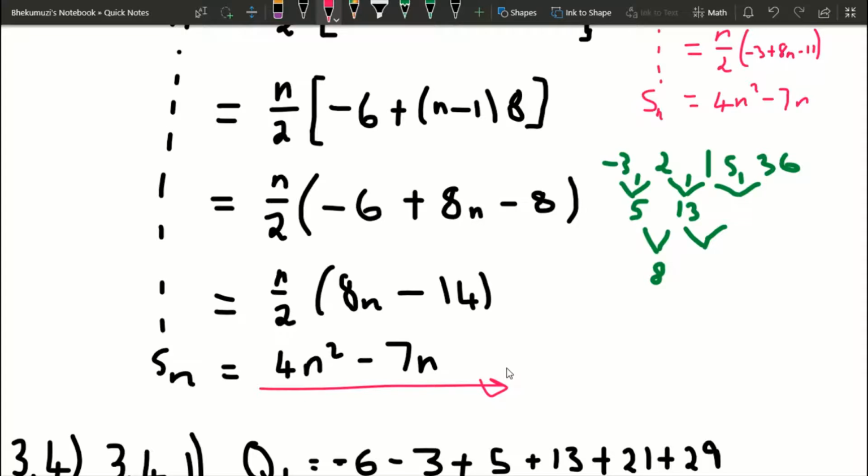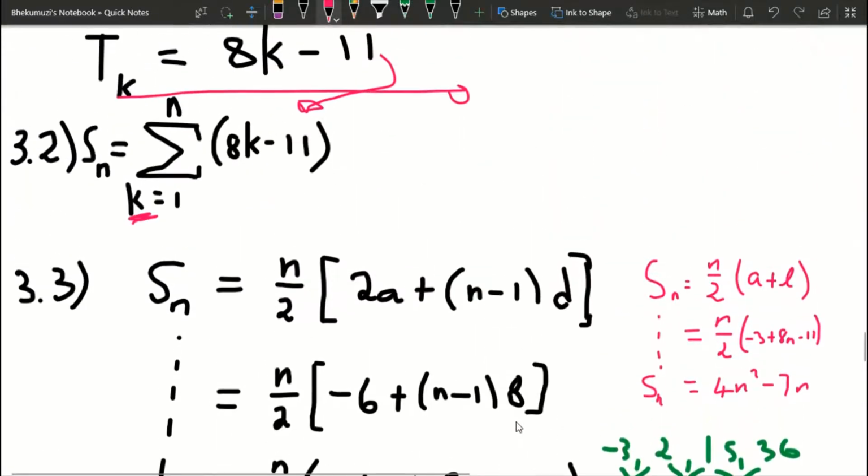Now, there are just a few more things that I need to mention. Remember, we have two formulas for the arithmetic sum, right? This is the first one and the second one. Here's the second one, where we have the first term and the last term. The interesting thing here is that since we are talking about the nth term, we don't know what the last term is. It really depends on n.